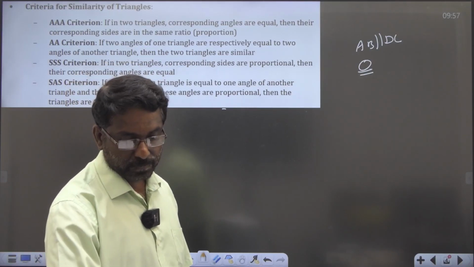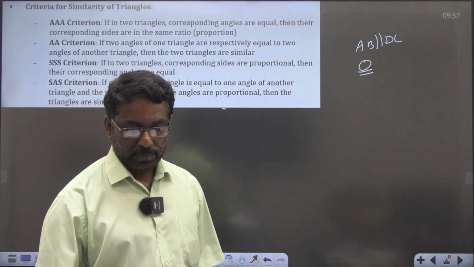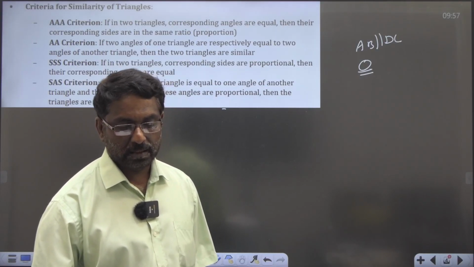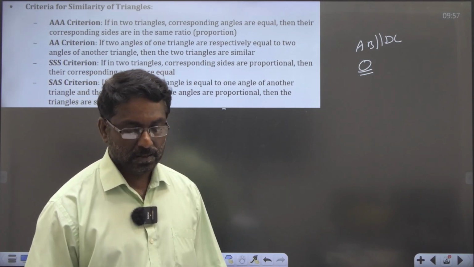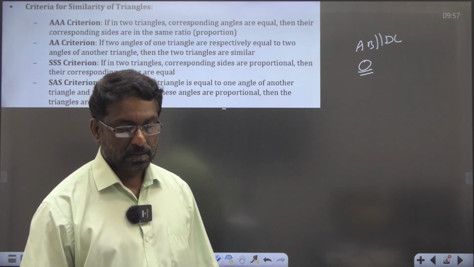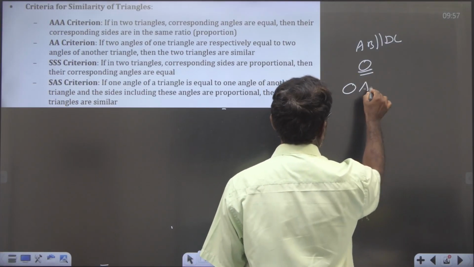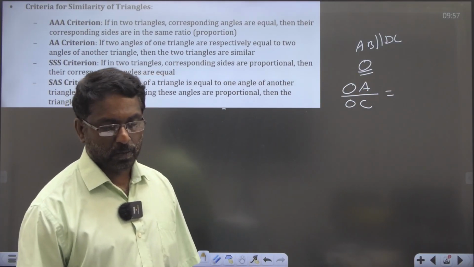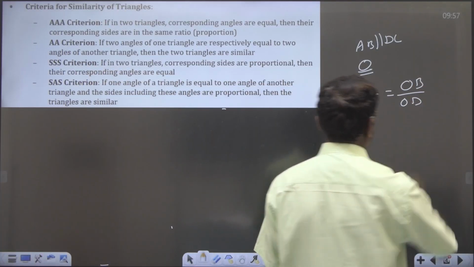Using a similarity criterion for two triangles, show that OA by OC is equal to OB by OD.